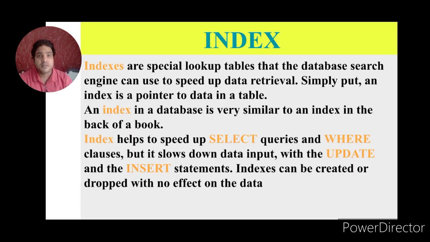Now, index is one more important part of DBMS, which is used to search a table in the database among many tables, or a particular column in a table. The index is a very easy manner to search the tables in a database as well as the columns.